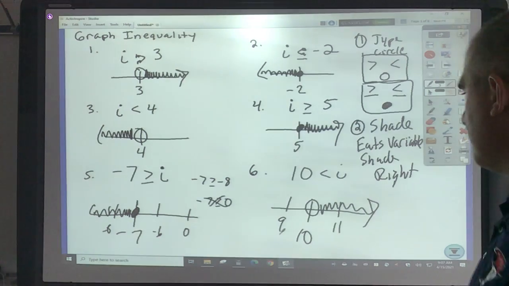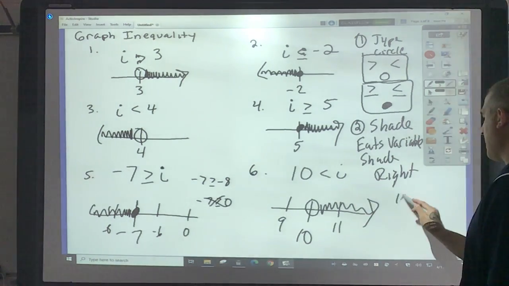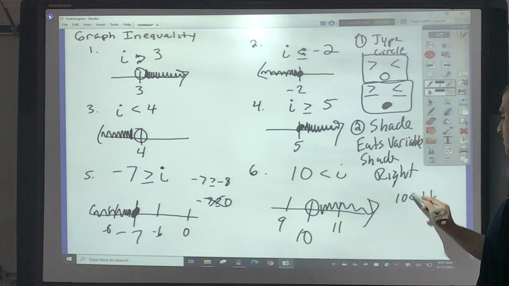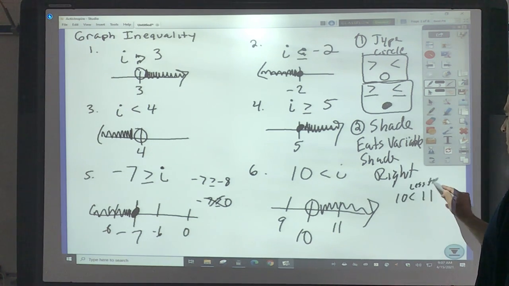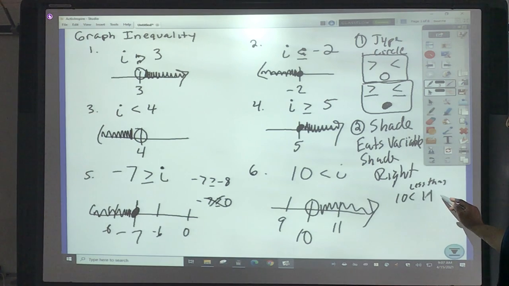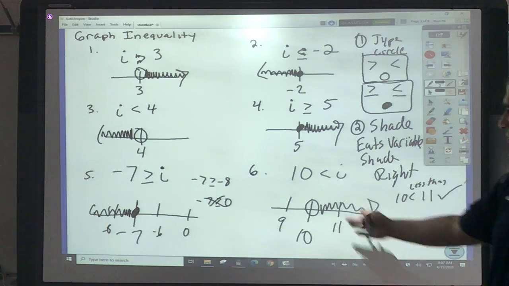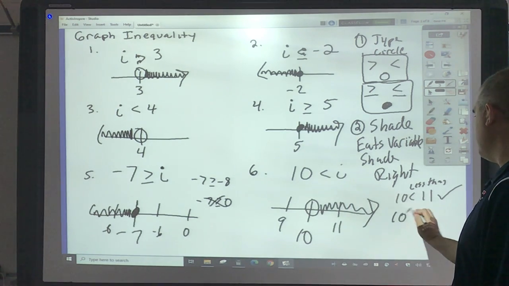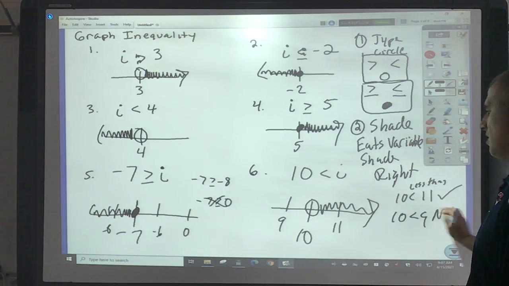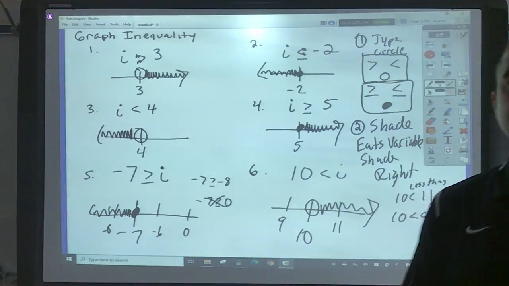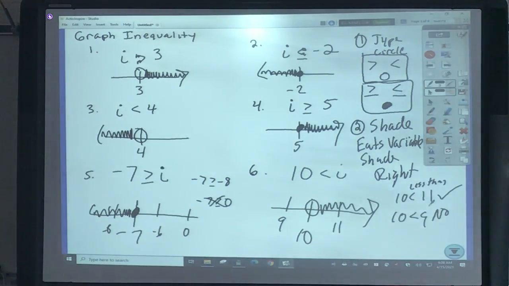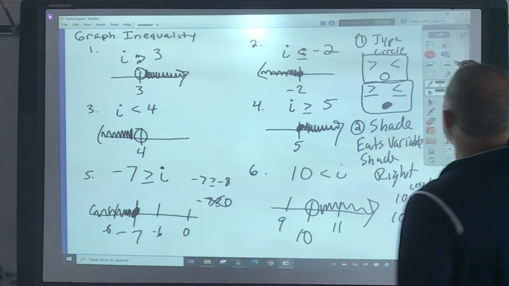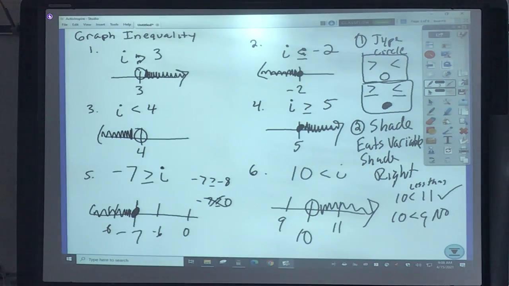That's the idea, okay? Is 10 less than 11? You go, yeah, of course. So it'd be shaded over here. Is 10 less than 9? No, that's why there's no shading over there. So you have to follow the concept of which side the inequality eats, okay?